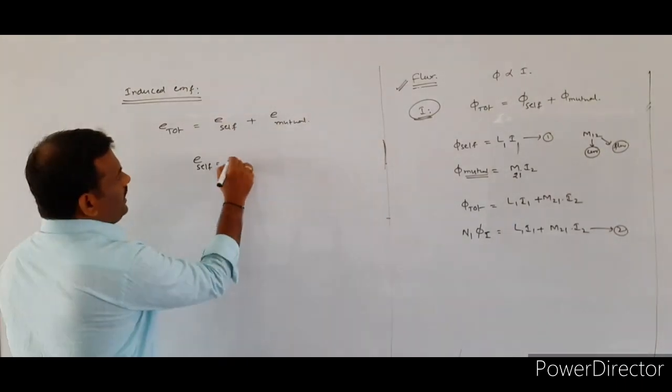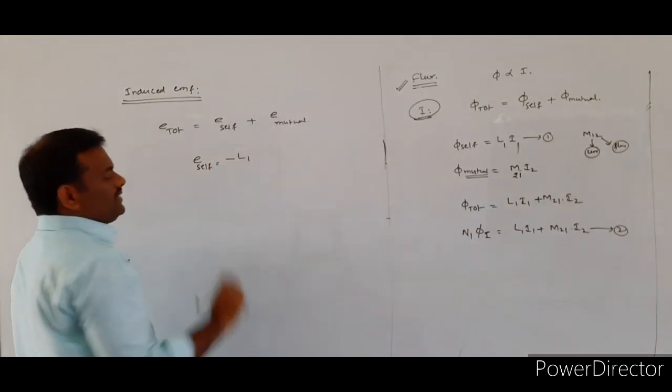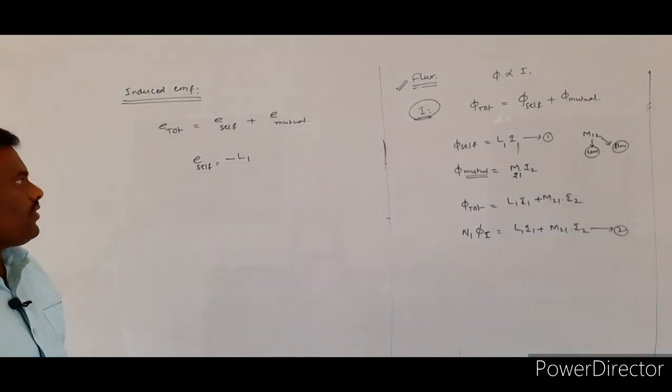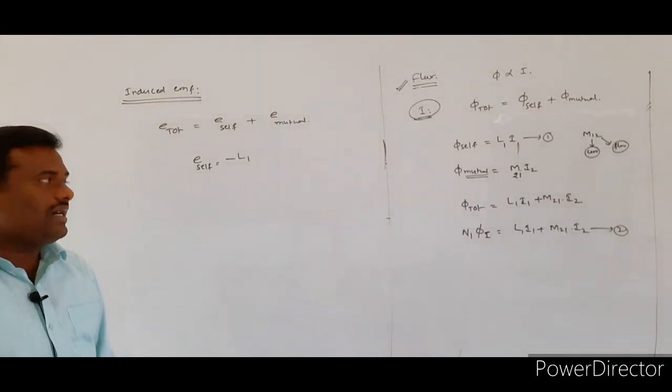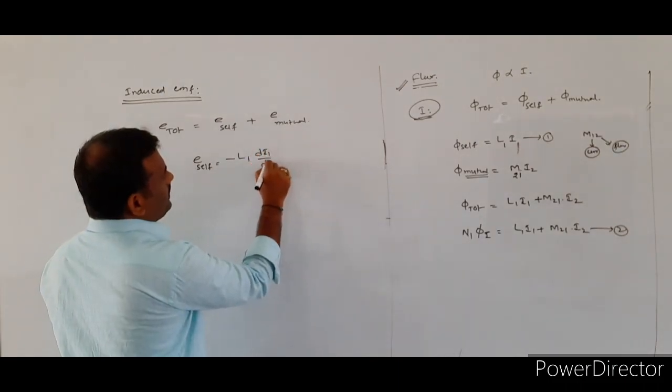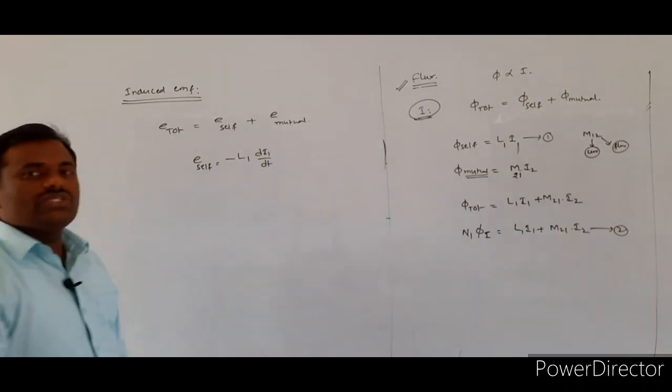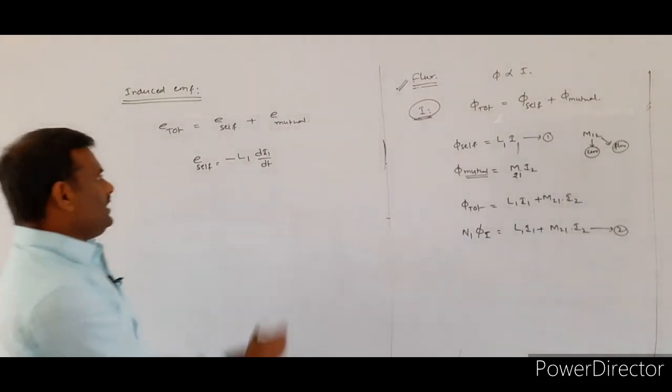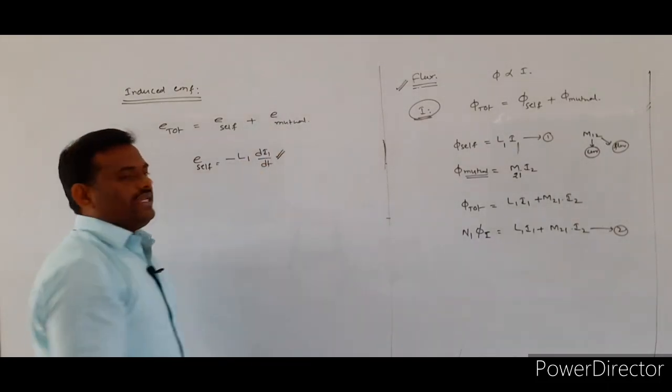For the first coil, the coefficient of self-induction is L1, and the change in current for the first coil is di1 by dt.